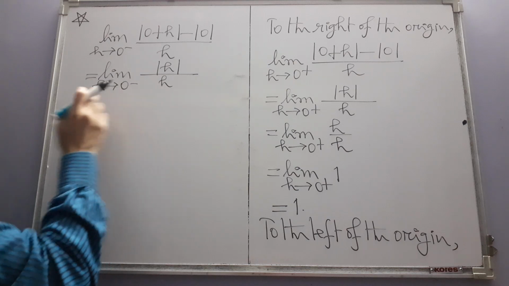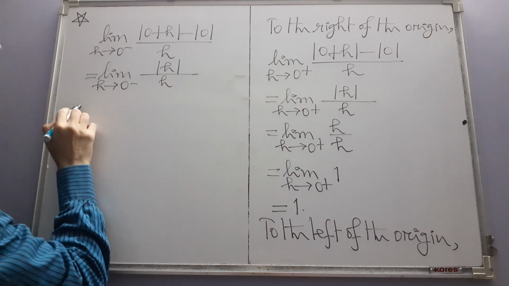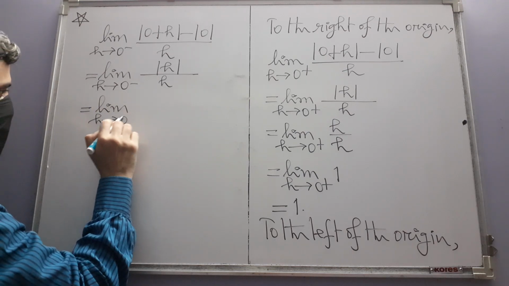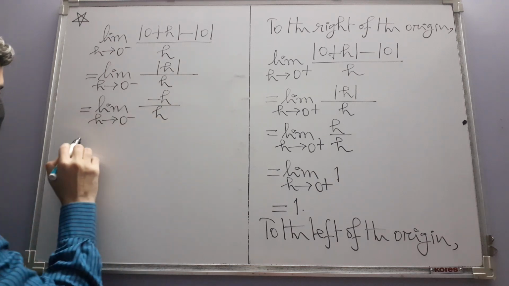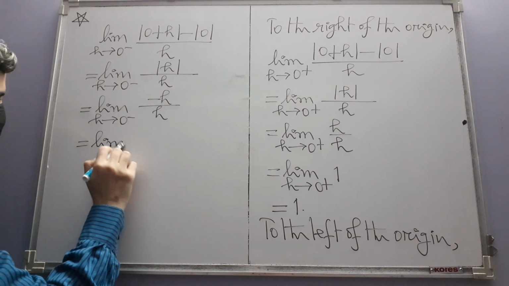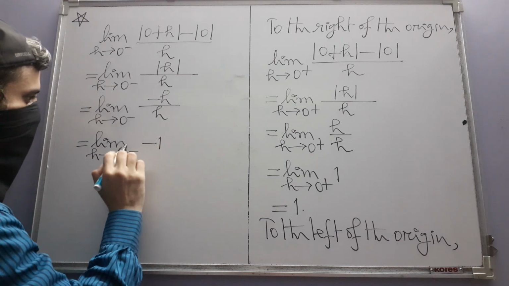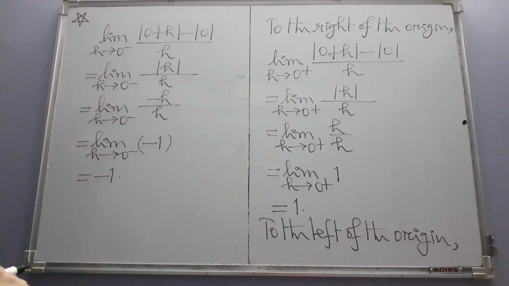Now H is approaching 0 from the left of 0. That means H is negative. And that is why here the numerator is going to be minus H. And we get minus 1. So the left hand derivative is minus 1.